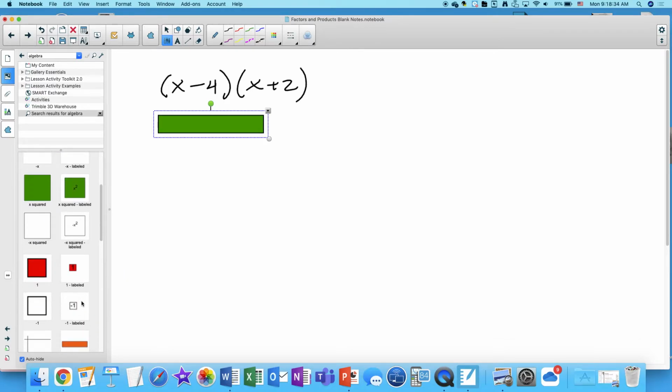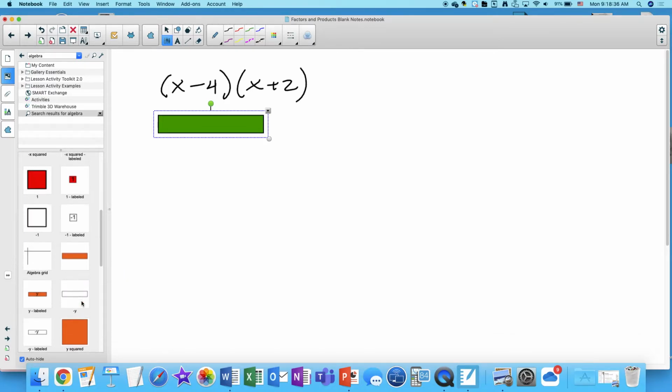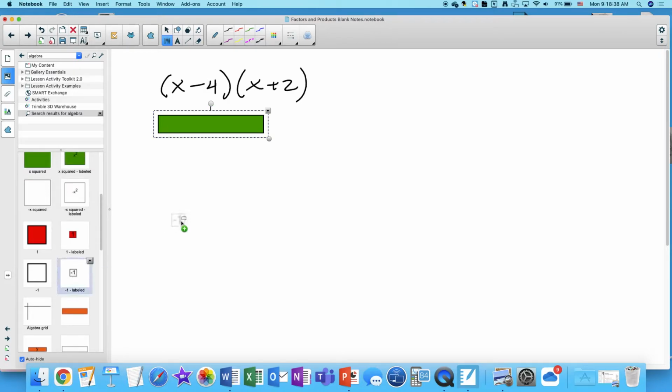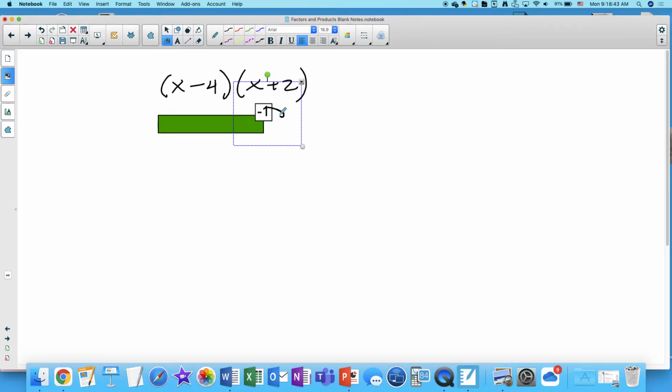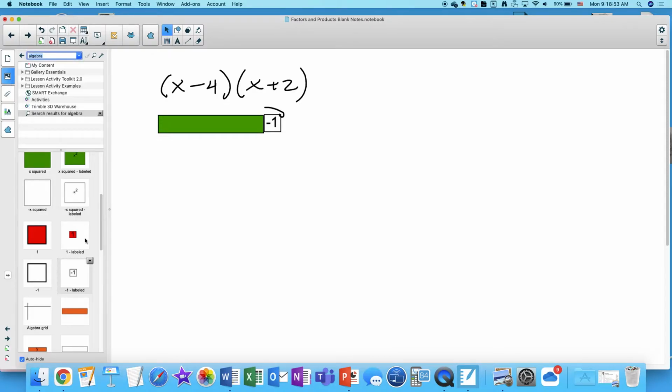Hold on a sec. No, I need the mouse. Okay, so there's 1, 2. I'll line them up in a minute. 3 and 4. Okay. There we go. 1, 2, 3, 4. Okay, so that's the x minus 4 side.